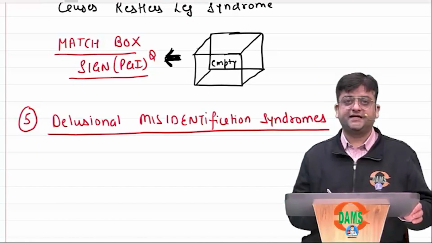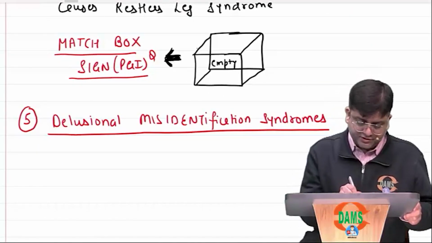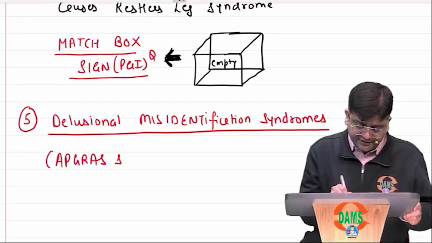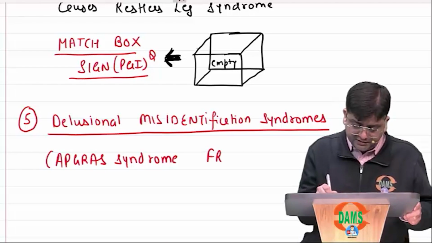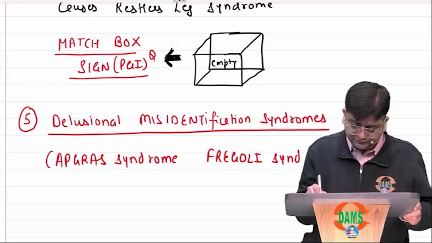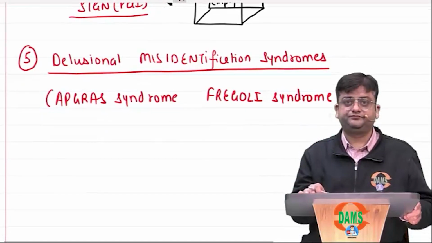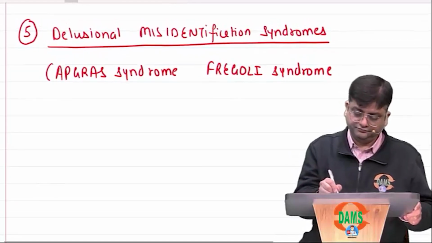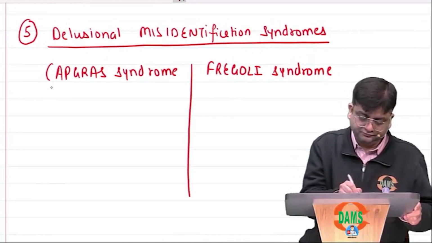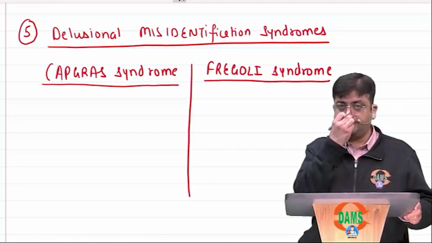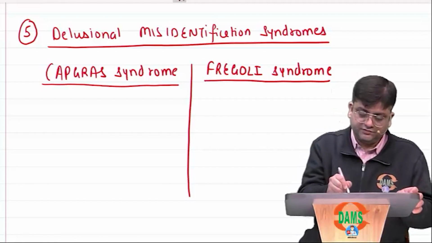Delusional misidentification syndromes. These are twin syndromes, so we will write them together. Capgras syndrome and Fregoli syndrome.